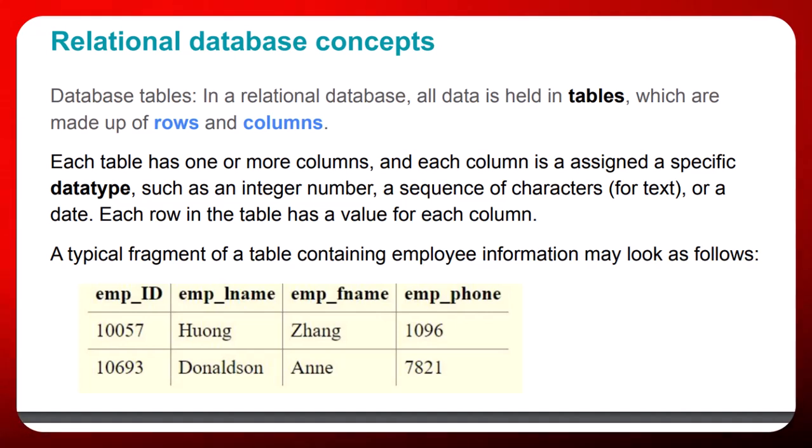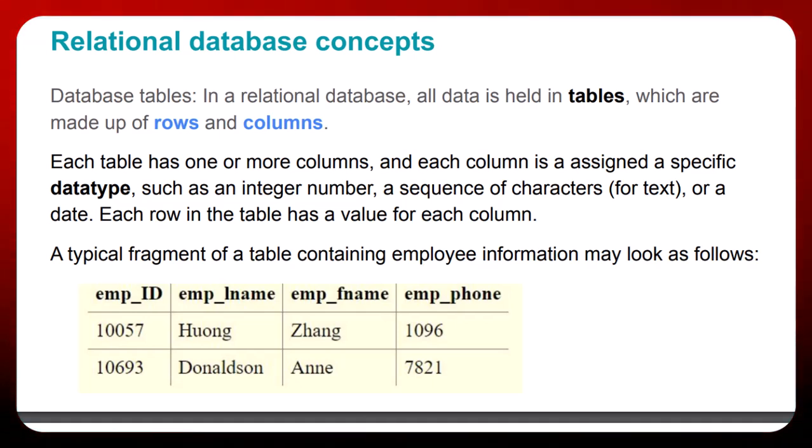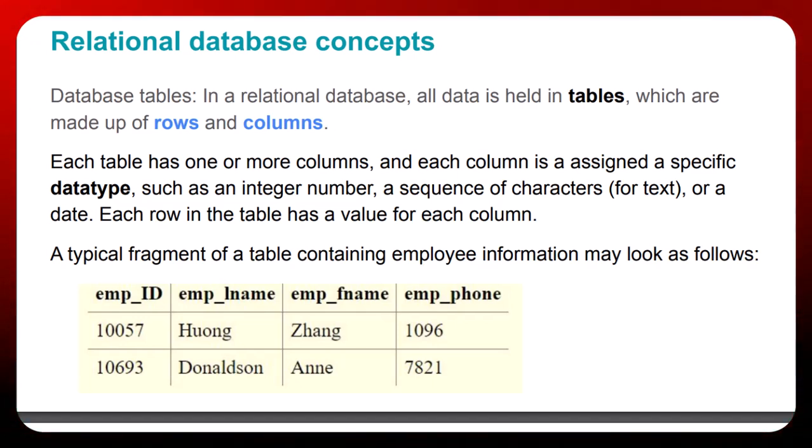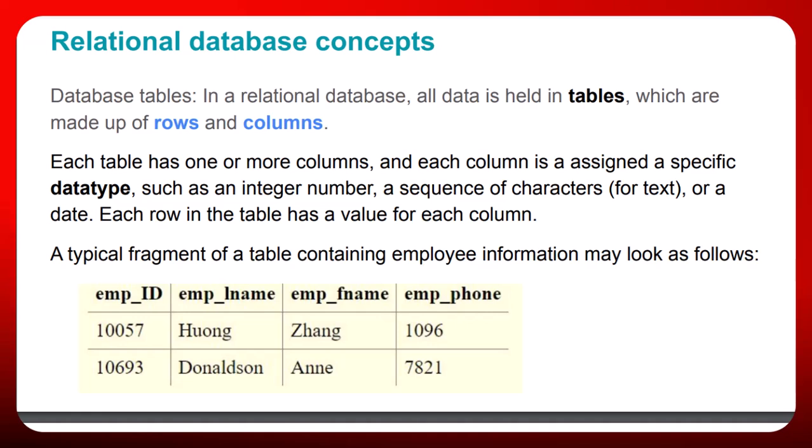Each table has one or more columns, and each column is assigned a specific data type, which makes sense. For example, if I have a name, then I make sure it's a char type, so we get characters. If we have age, it's going to be an integer number.